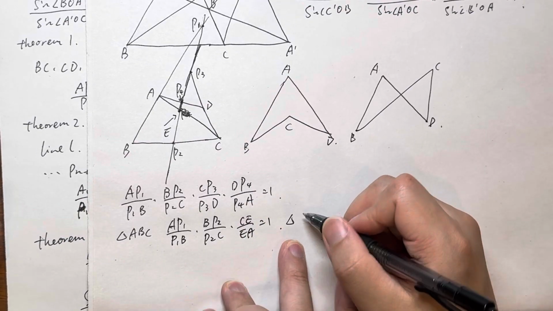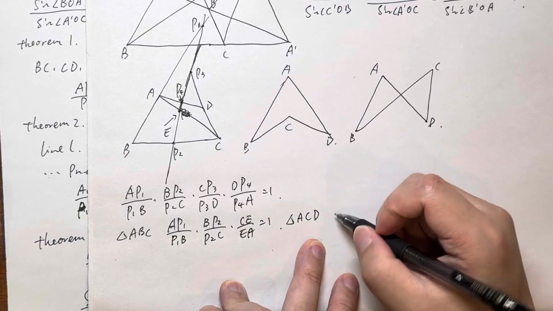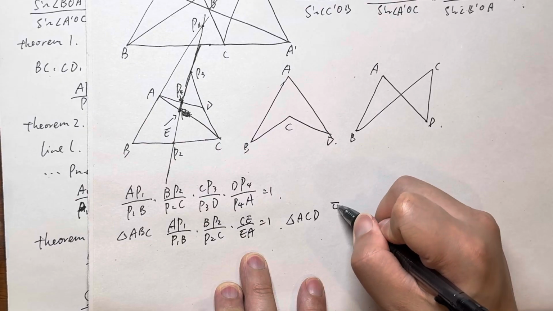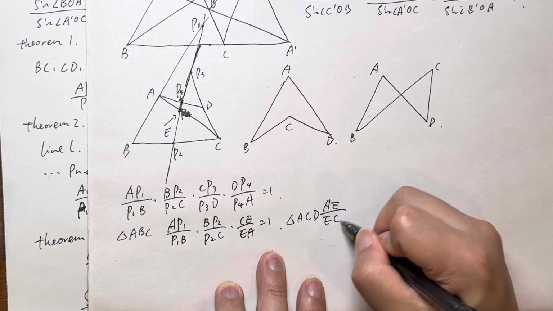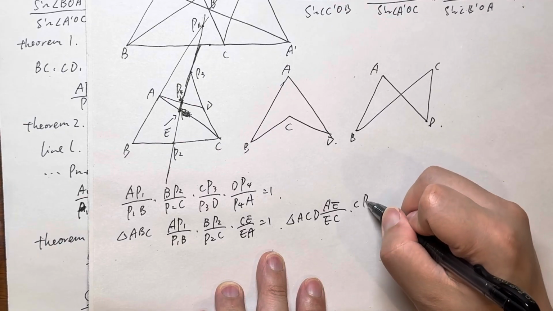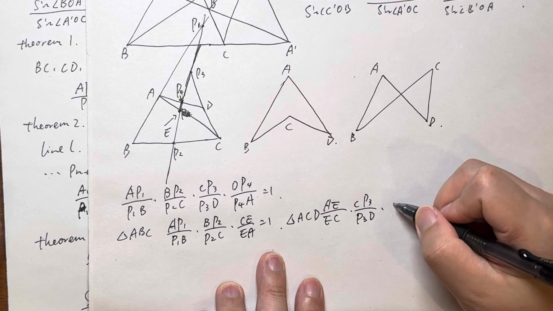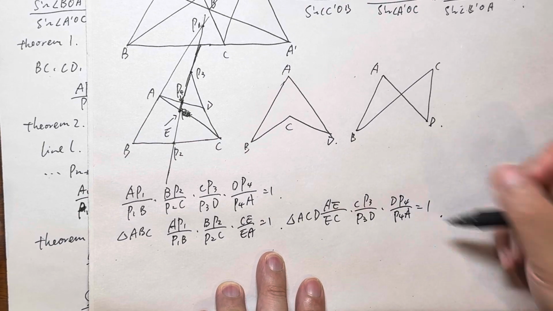And for the triangle ACD and this line, we have, because we want to cancel this one, so we write it as AE to EC times CP3 to P3D times DP4 to P4A equals 1, right?